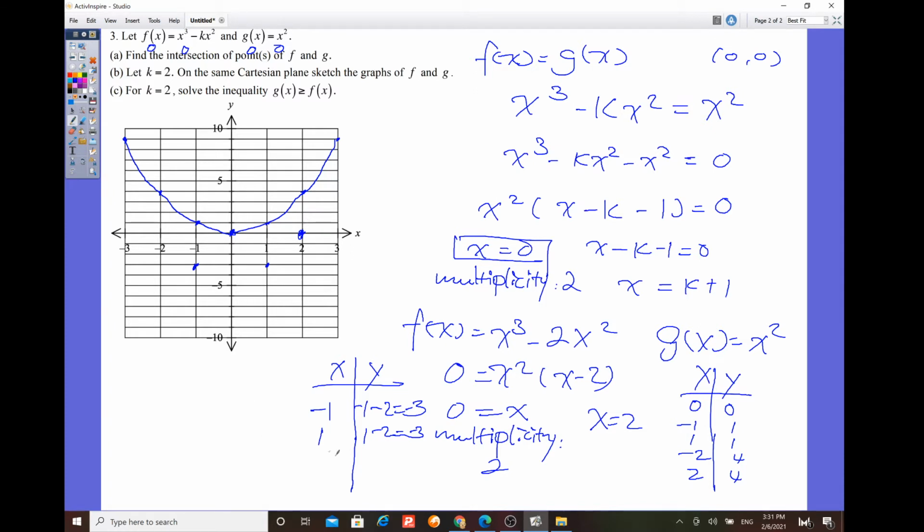So let's find 3/2. Using the factored form, 3/2 quantity squared gives 9/4, times 3/2 minus 2, which is negative 1/2. So we got negative 9 over 8. So this one is about negative 1 point something, negative 1.18.